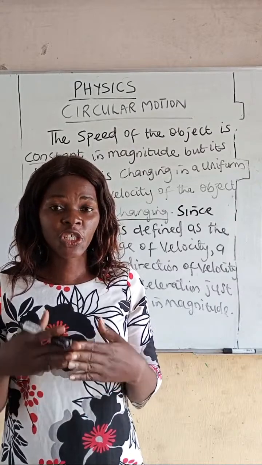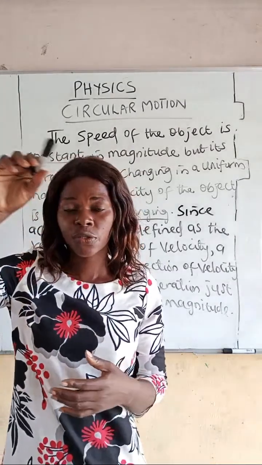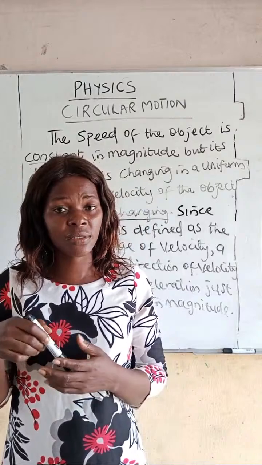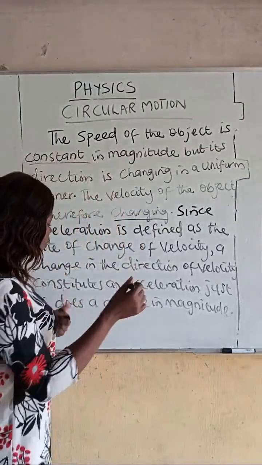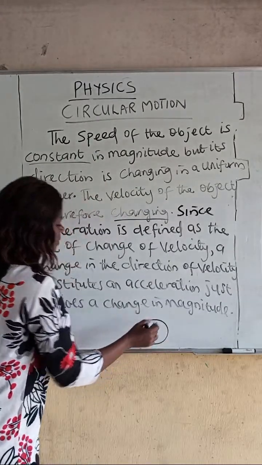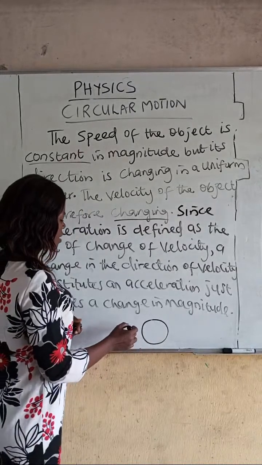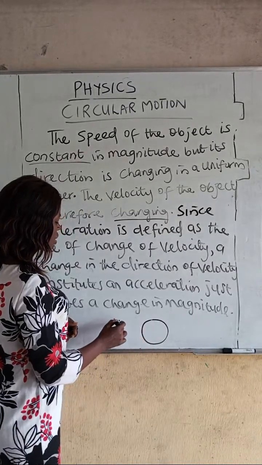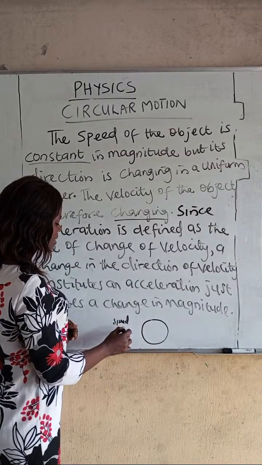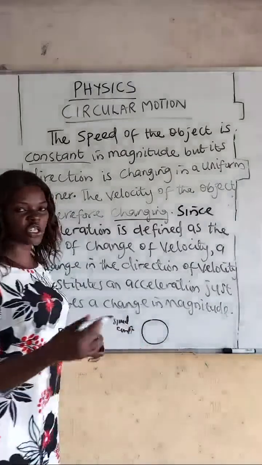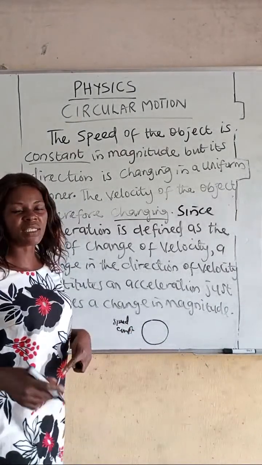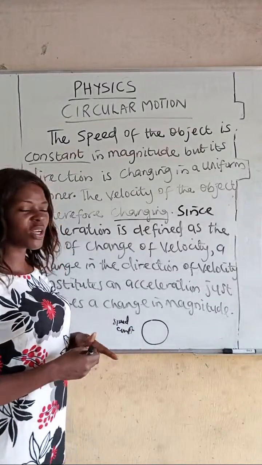It's moving with a constant speed, but the direction is changing because it will move to cover a circle and return back to itself, right? It moves this way. So as it's moving, its speed is constant, but the direction is changing. And because speed is a scalar quantity, it does not have direction.